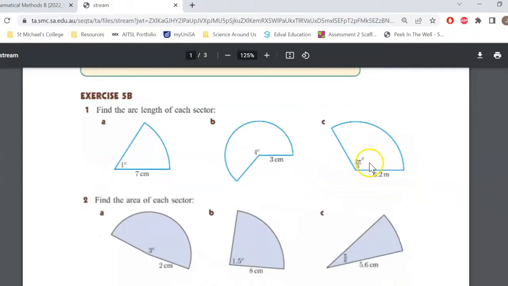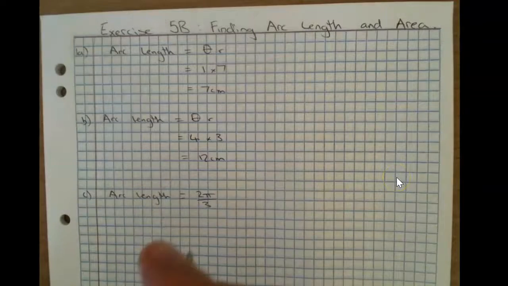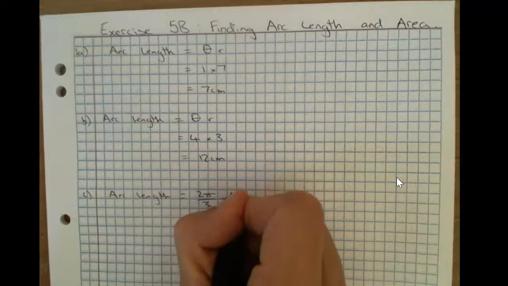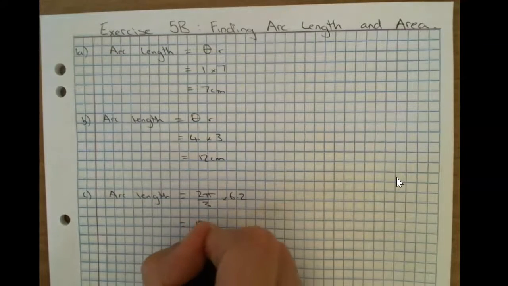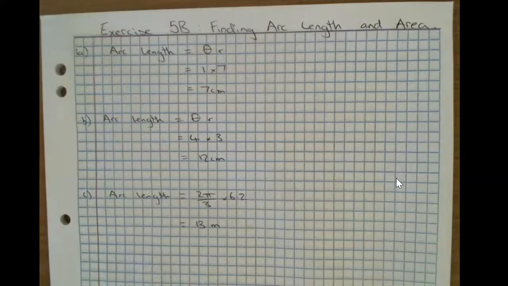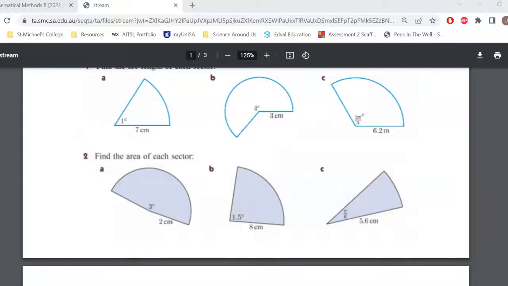Then finally, if I have 2 pi over 3 radians, then the arc length is going to be 2 pi over 3 multiplied by the radius, which is 6.2, which is 13 meters.